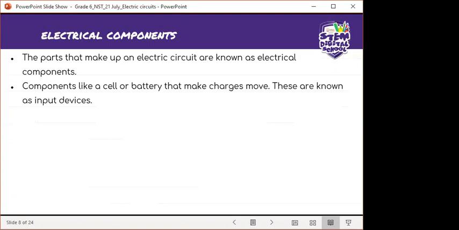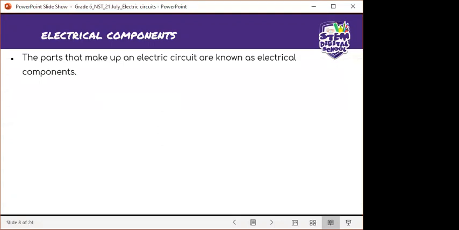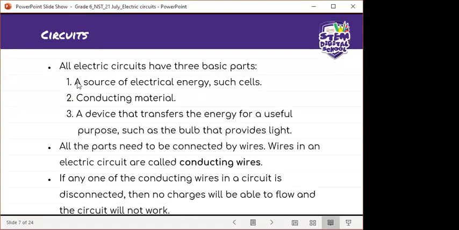So remember we said that there are three basic parts of an electric circuit, and the first one is a source of energy, and this source of energy is known as an input device. So you guys can just write next to number 1 that this is called the input device. All right, input device.